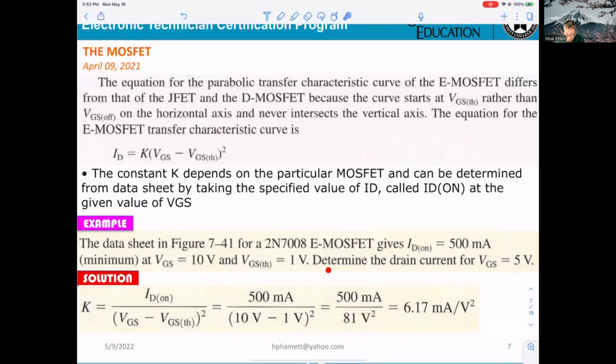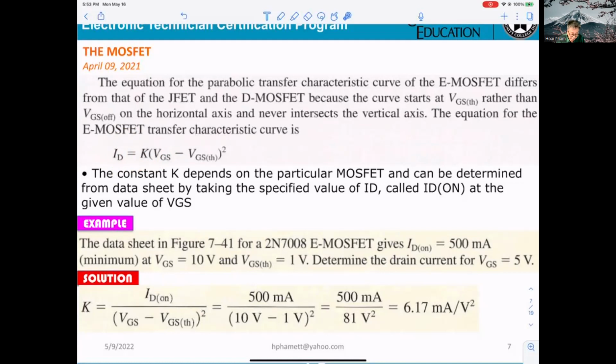They want to know the drain current for VGS equal 5 volt. In order to calculate ID, it equals K times (VGS minus VGS(th)) squared. And the first thing you have to do is calculate K.